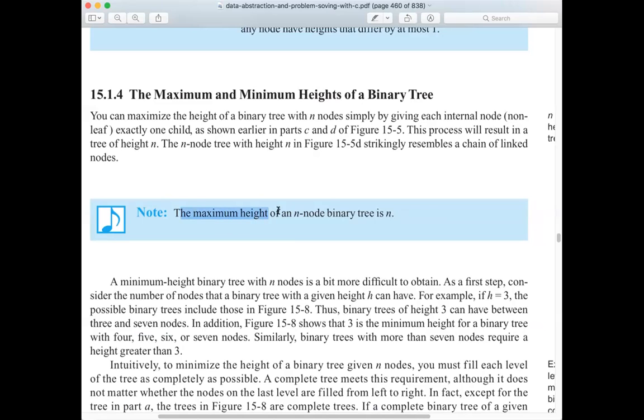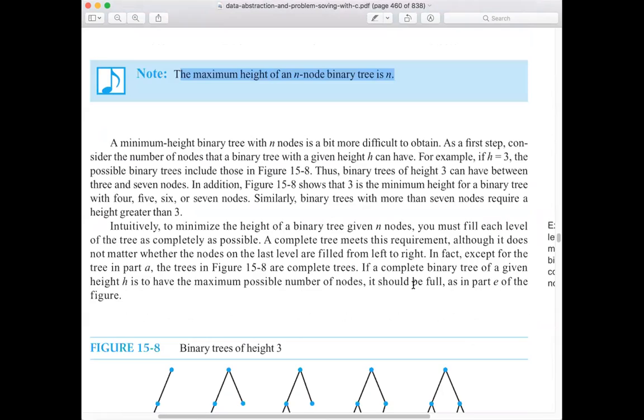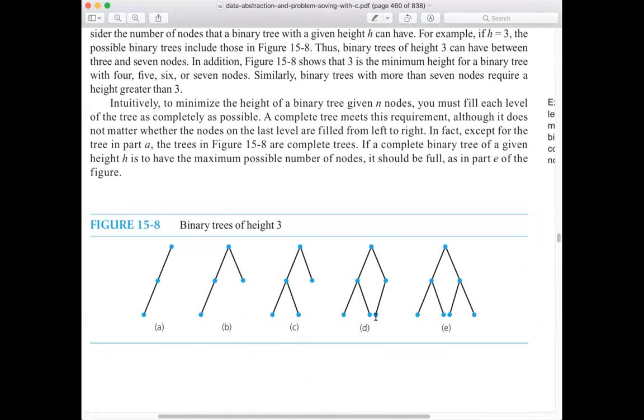So the maximum height of an n-node binary tree is obviously n, right? Because you just line the nodes up all, for example, going off to the left. And that would be the maximum height. The minimum height is going to be a complete binary tree, right?